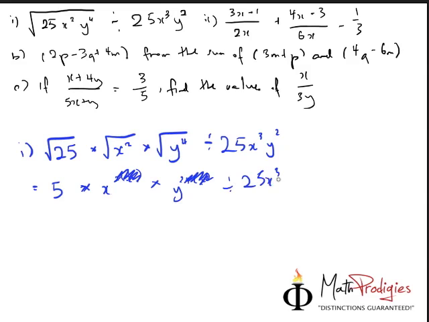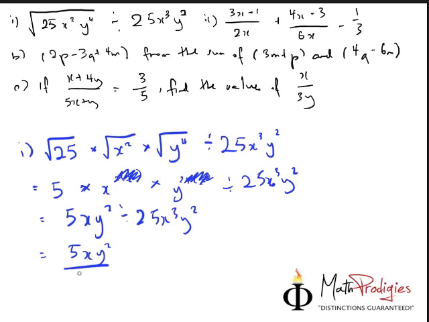Just copy that down. Now it's 5xy squared divided by 25x cubed y squared. How do we do this? Simple. All we have to do is put it one over the other: 5xy squared over 25x cubed y squared. You don't actually have to do this, but I want to make it easier for you so that you can see very simply.